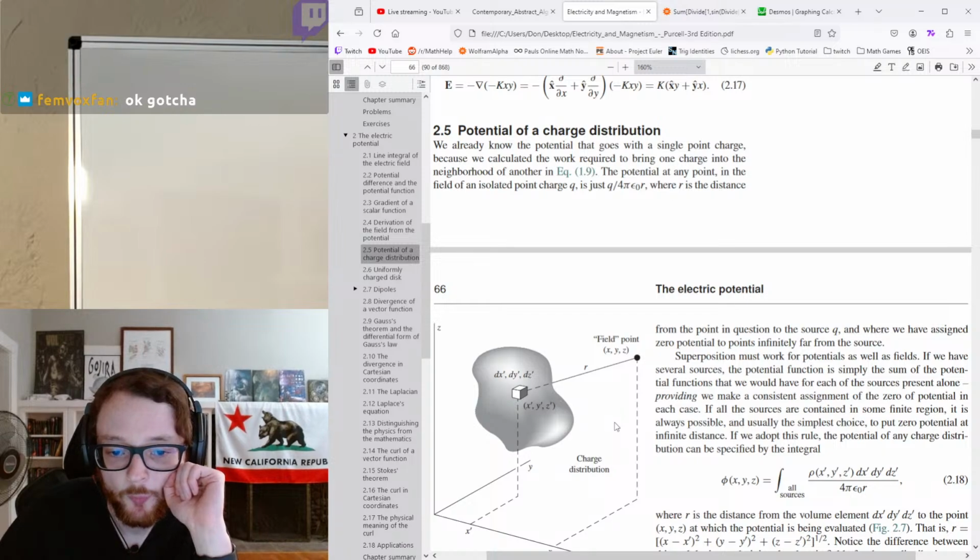So the x prime, y prime, z prime is something.